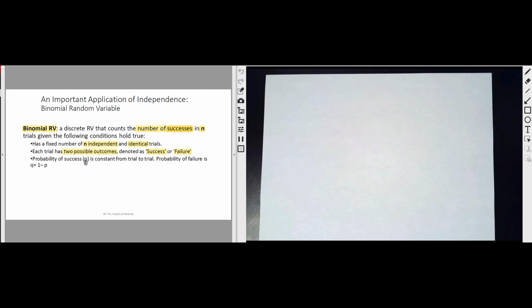So the probability of success we'll call P, and that remains fixed from one trial to the next. Since there are only two possible outcomes, failure is the complement of success, and we call its probability Q, which, because it's a complement, we know is going to be 1 minus P.